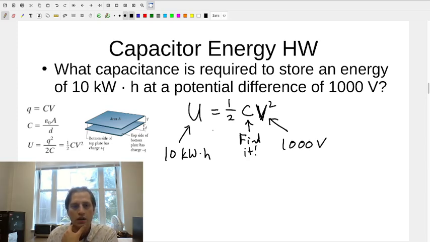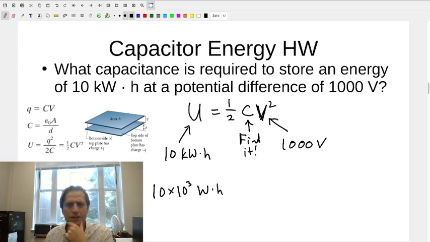Okay, so on the one hand, pretty easy. All you're finding is the capacitance, you've got everything else. But the tricky part of this problem is that they've given you the energy in a weird unit. 10 times kilowatts, so 10 times 10 to the third watts times hours.